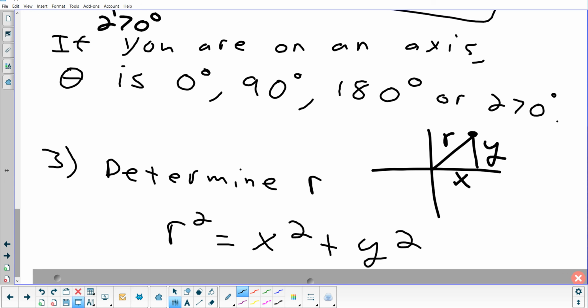All right, so we'll try one example of this, and then that'll be it. When you're converting, it doesn't matter if you do the radius first or you get the angle first. If you want to get the radius done because you think it's easier, it's fine. You can get that done first.